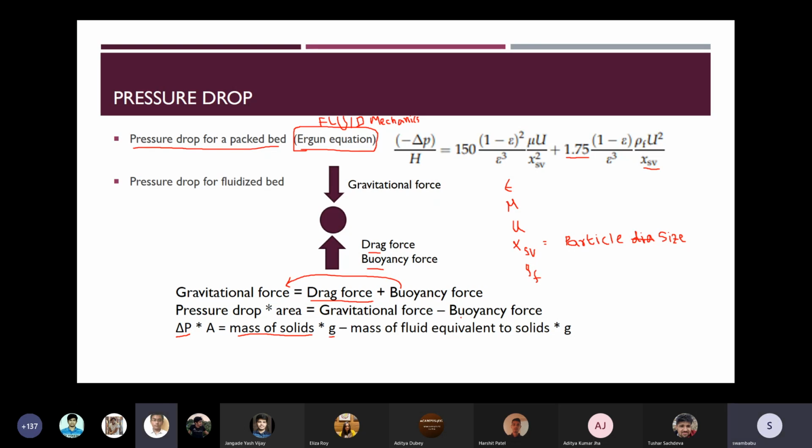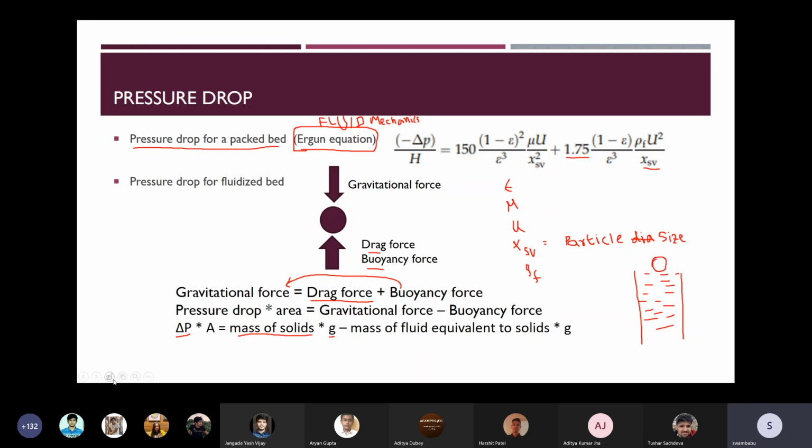Let's say this is stagnant water, and you have dropped a steel ball.